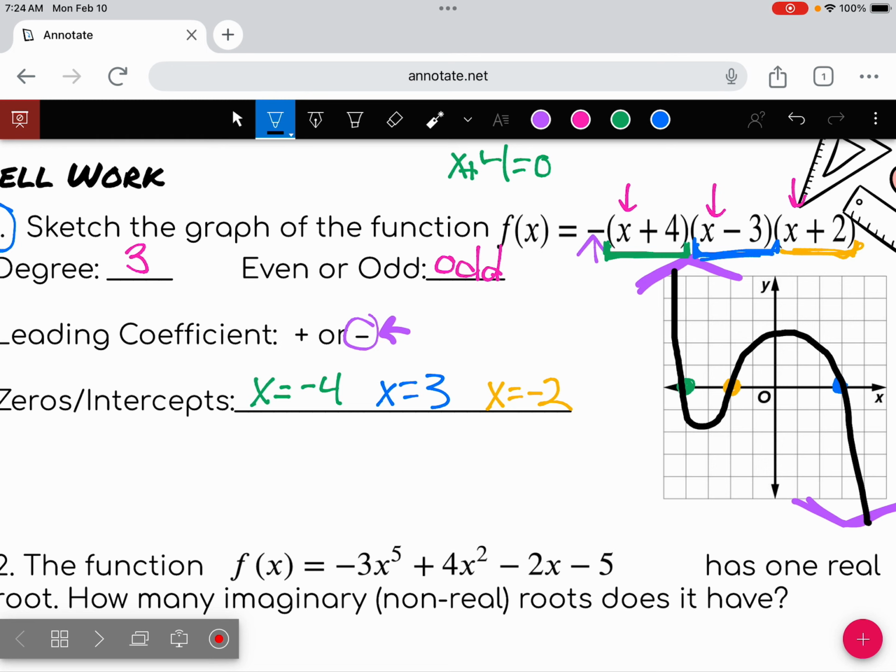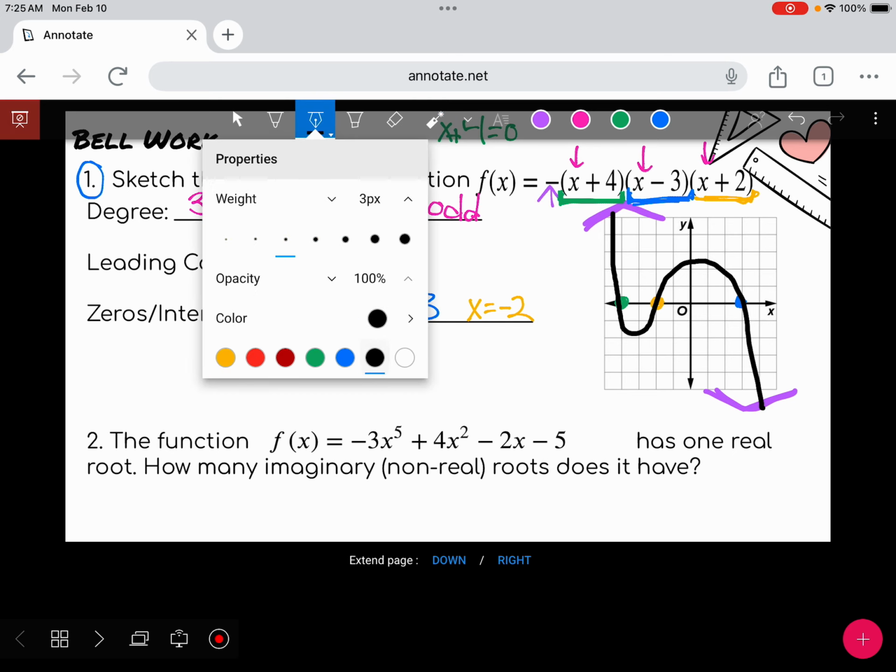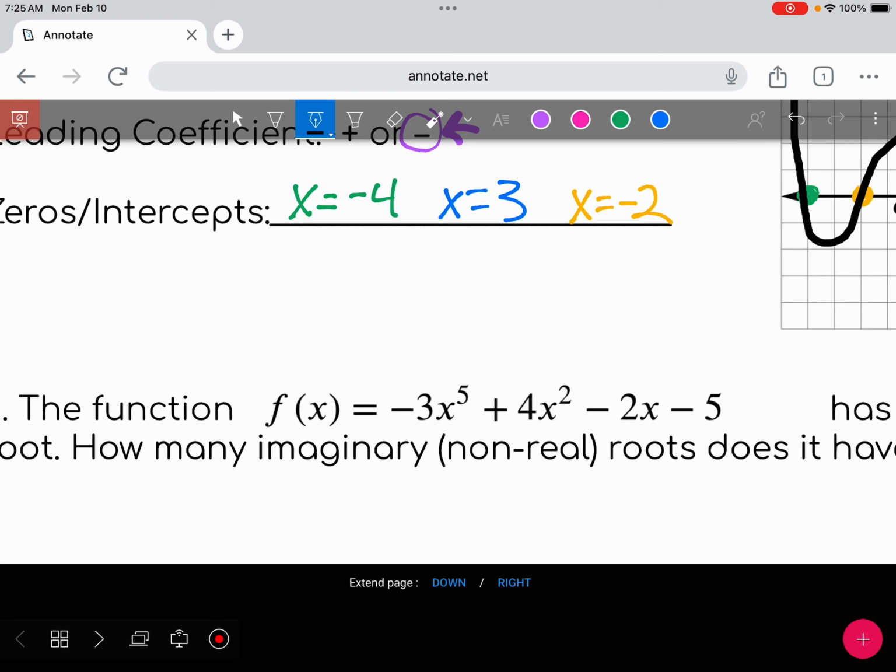Okay, so this bottom one is looking at what we talked about on Friday. So saying this function down here, f of x equals minus 3x to the 5th plus 4x squared minus 2x minus 5, has one real root. We're asked to figure out how many imaginary roots it has. We are told that it has one real root.